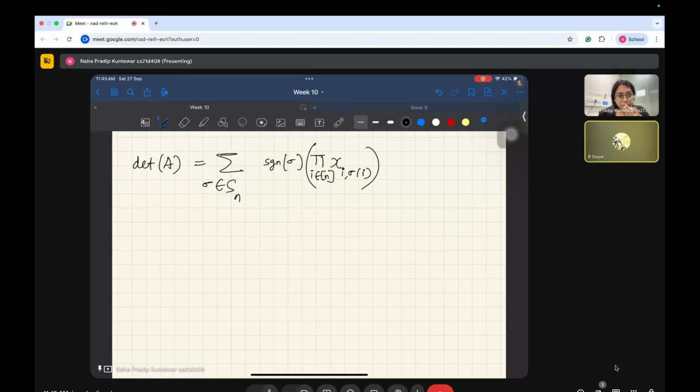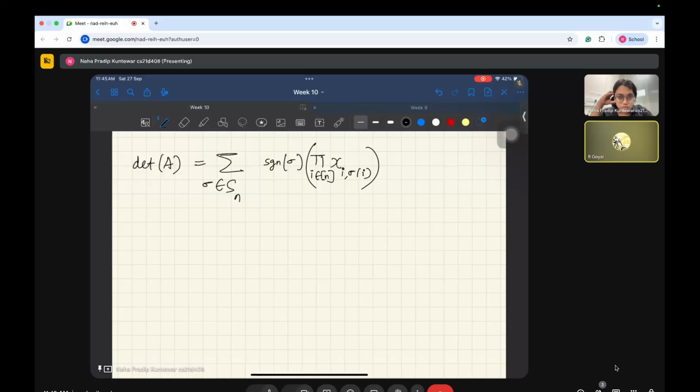I could understand that we are taking this product, and a permutation is giving it to us, and from that permutation we can find out the sign depending upon the number of inversions, and we carry out this sum.